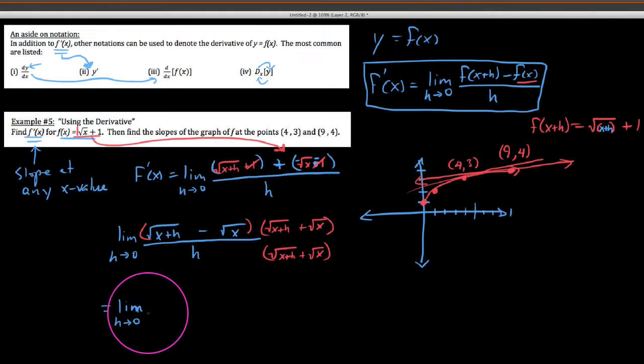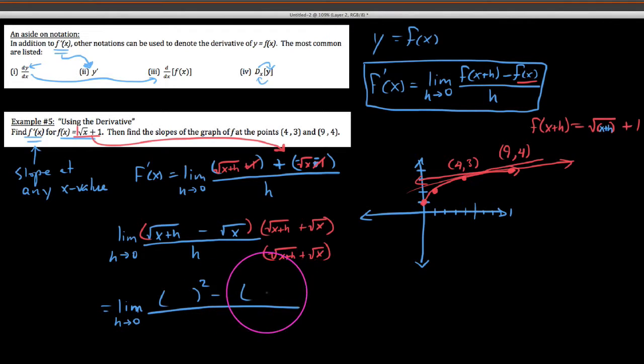But we know the top actually becomes a difference of squares. It has to, because when you multiply conjugate pairs, you always get a difference of squares. And in this case, in the first quantity here, we'd have the square root of x plus h, and on the right side, pardon me, we'd have the square root of x. And squaring both of these out, after rewriting the bottom, the bottom is still this, h times the square root of x plus h plus the square root of x.